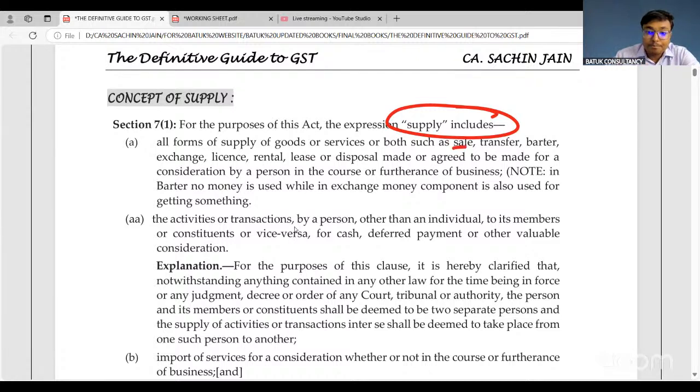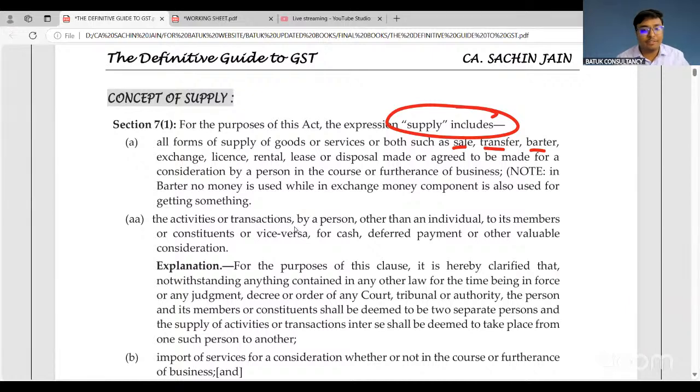Because they use the words "supply includes" sale, transfer, barter. Sir, what do you mean by barter? Suppose I have this pen and Mr. Mahendra has this remote. I want this remote and Mr. Mahendra wants this pen. In such a scenario, I provide that pen to Mr. Mahendra, and for that I get this remote from Mr. Mahendra.